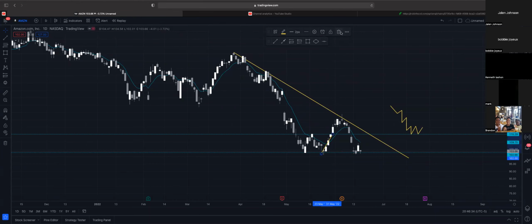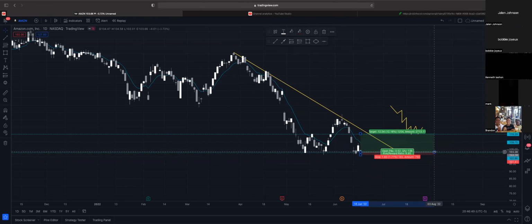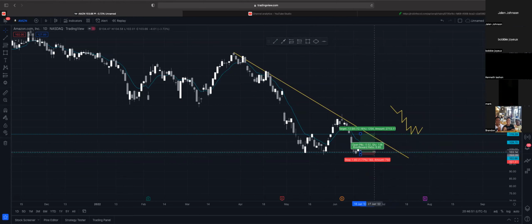But if Amazon decides to hold this level, then you can draw your risk to reward, see if it's worth the trade to the trend line, with a stop loss if it breaks that level, and give you a little trade. Nothing crazy. It's a pretty good trade though, for Amazon right now.